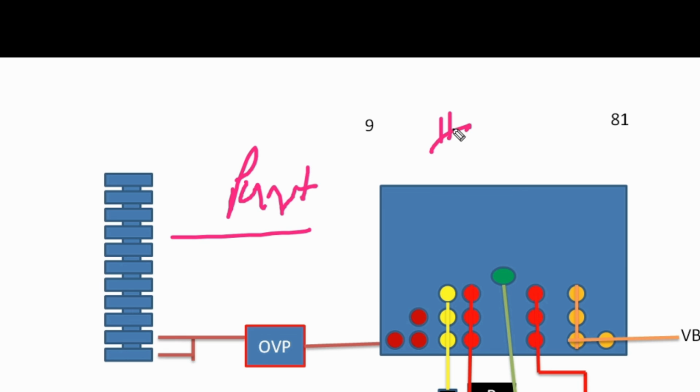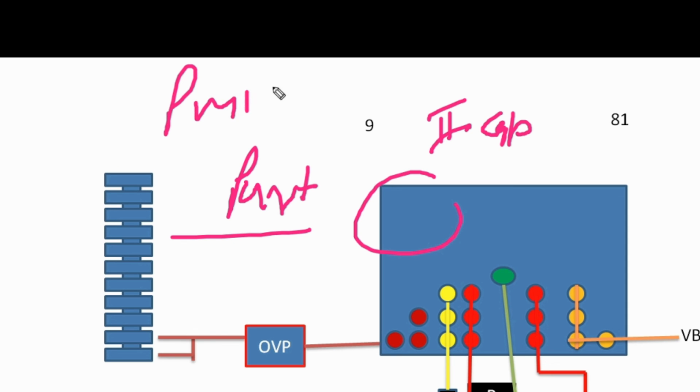Mostly in such cases a cap was short, but sometimes an IC also has a short, not the DC to DC IC, because this side is open. I'm saying the PMIC. Mostly a cap in any section is short, right?